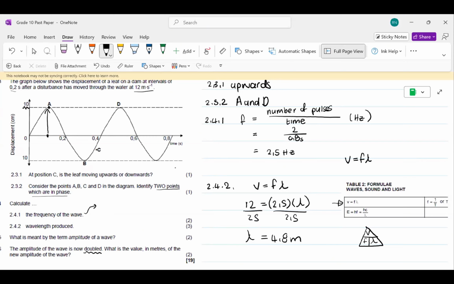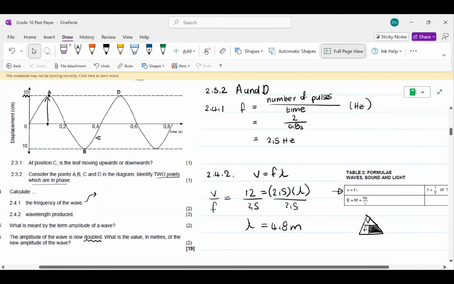We are looking for wavelength, right? So we are going to cross out our wavelength, and we're going to say what is left. We're left with speed over our frequency. Oh, sorry, this is 2,5. Speed over our frequency. So then we had V over F, which is essentially what we had here, except here I was doing it algebraically, but I can do it the other way around.